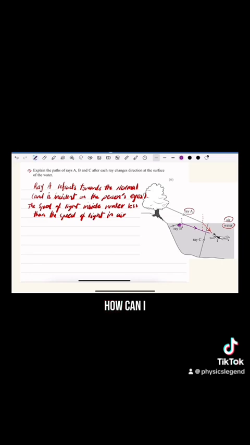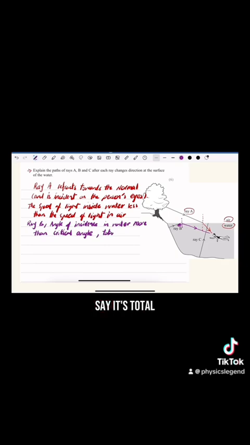But how can I answer section B? For ray B, I would say the angle of incidence in water, I have to mention the medium, is more than the critical angle. This is the reason, but I forgot to mention the name of the phenomenon in this case.